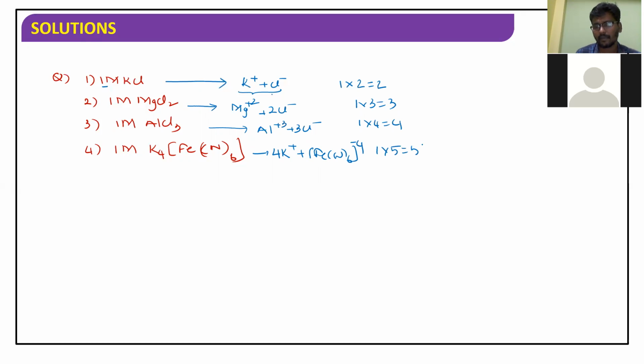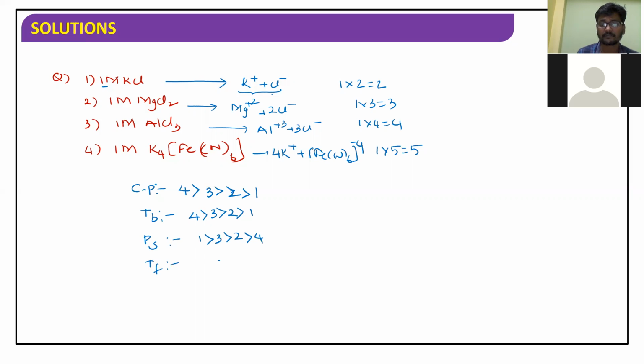Which contains more particles, that one shows more colligative properties. The colligative property order is: the fourth one shows the most, then 3, then 2, then 1. Colligative properties and boiling point are in the same order. Next, vapor pressure of the solution is reverse, as previously discussed. And freezing point is also reverse.